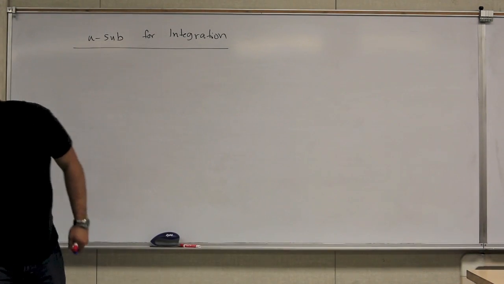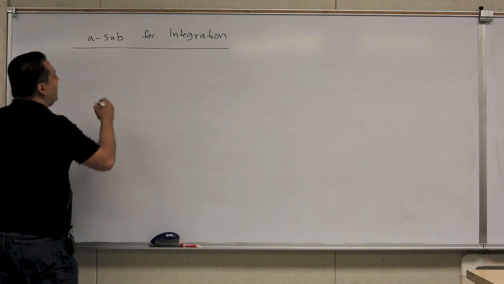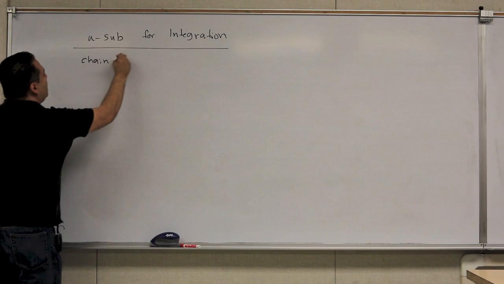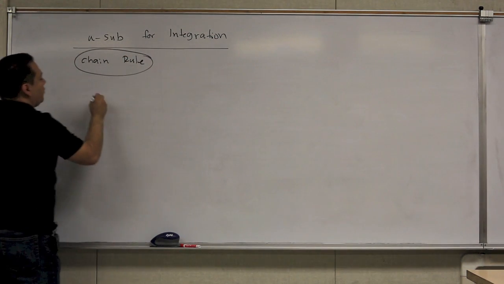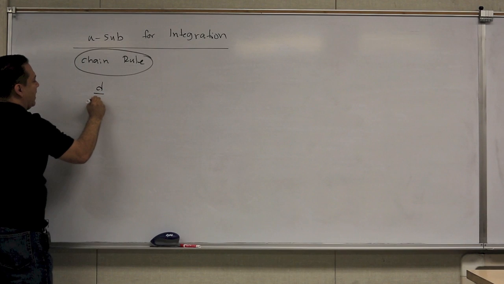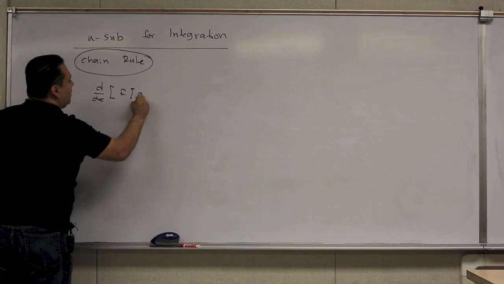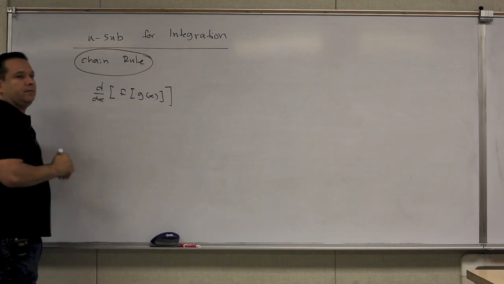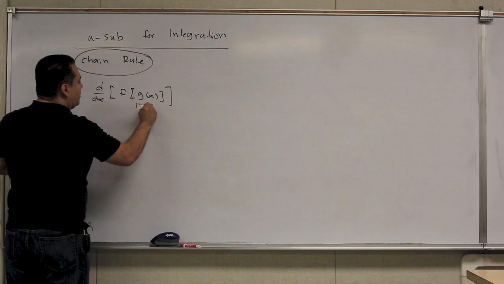Well, just to let you guys know where this comes from, believe it or not, this actually comes from the chain rule for differentiation. In other words, if you remember, we had to differentiate a function inside a function, and we had to identify the inside function.